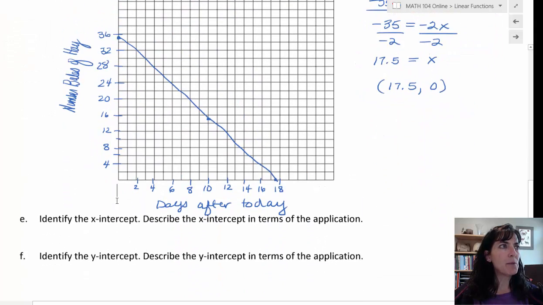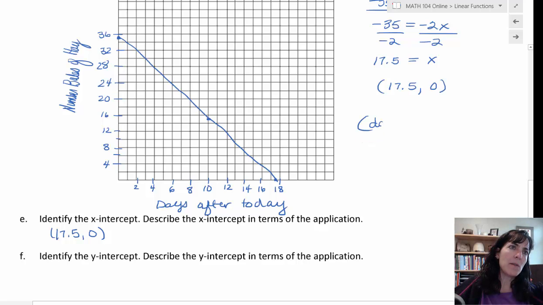Identify the X intercept. So when it says identify, we're asking you to write down the ordered pair, and the X intercept is where we cross the x-axis. So that's this X intercept here that we'd already found. That's 17.5, 0. And describe it in terms of the application. Remember, this is the number of days, and this is the number of bales of hay.